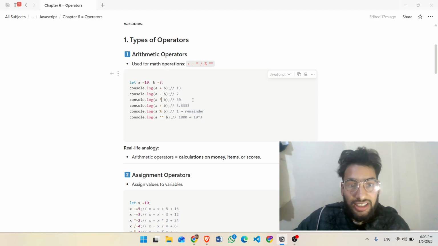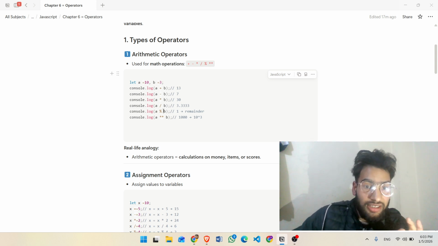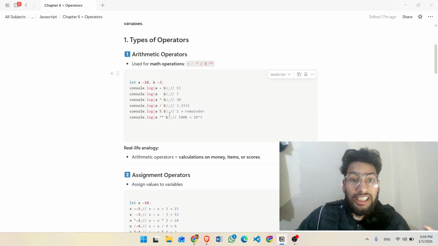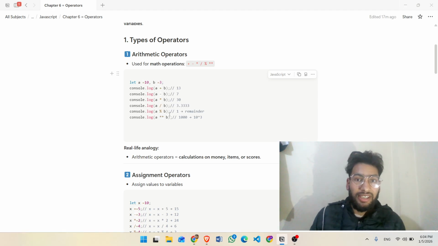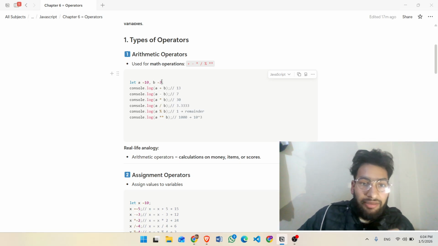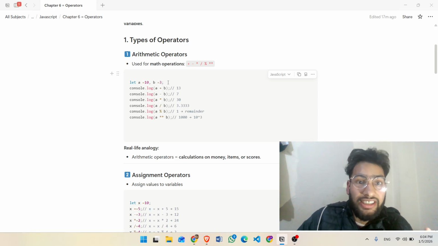Multiply, similarly, and divide and modulus. Modulus means when we divide a and b, it gives the remainder. Here 10 divided by 3, what is the remainder? Here the remainder is only 1, so it gives 1.